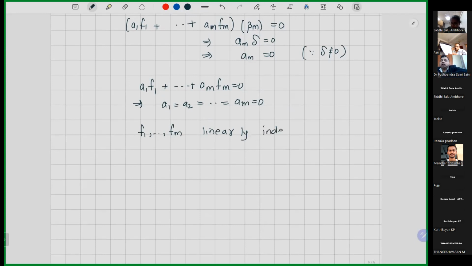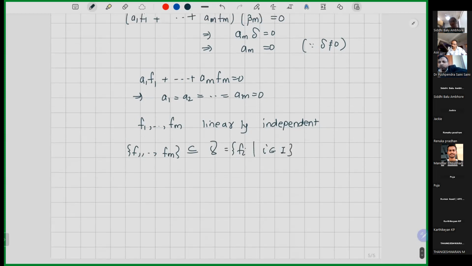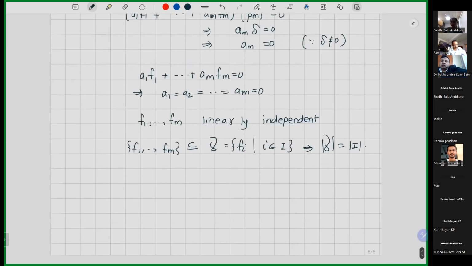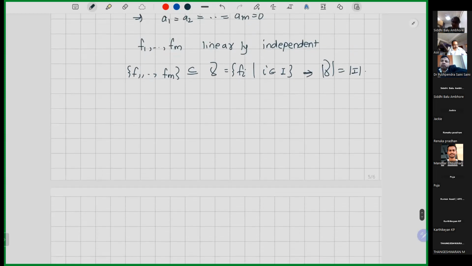Let me explain this again. This F1 to F_M was an arbitrary subset of gamma, which was F_i, i in I. Cardinality of gamma is cardinality of I. Earlier we used the cardinality of gamma is cardinality of beta.